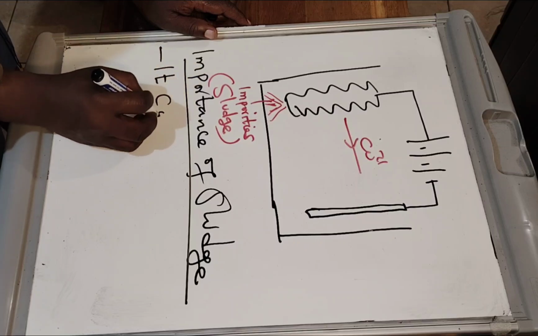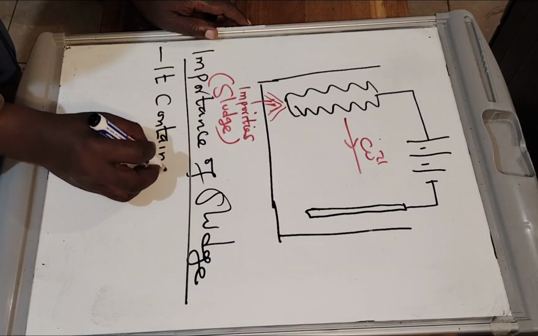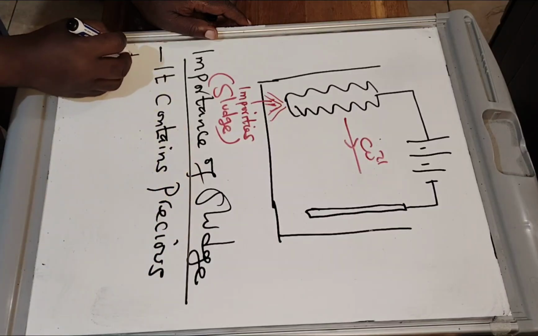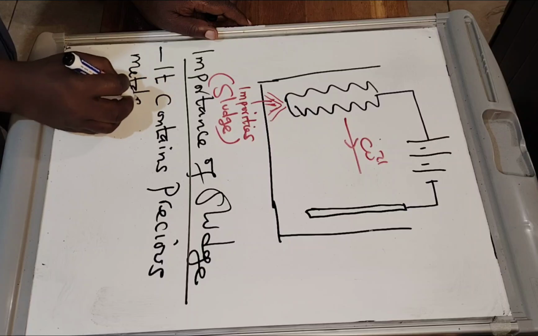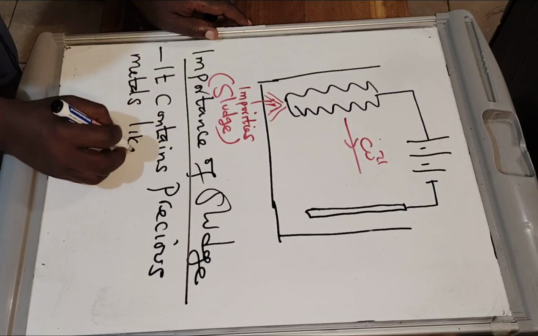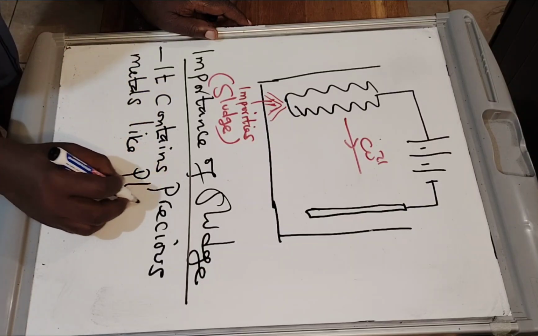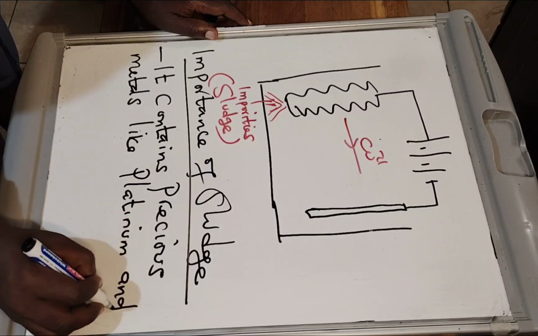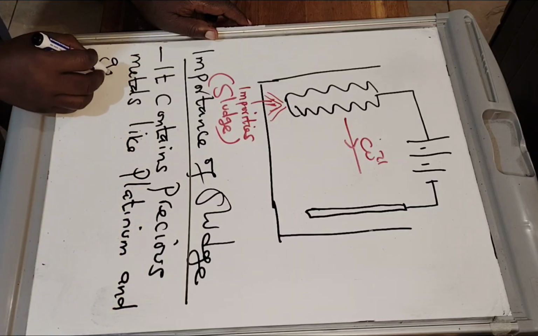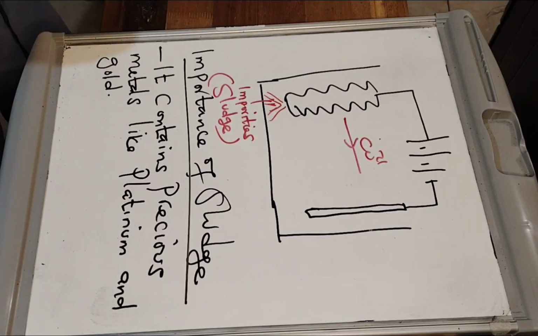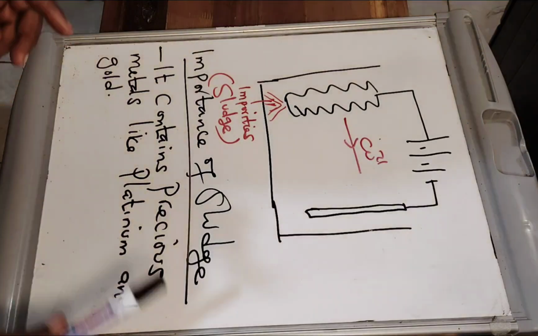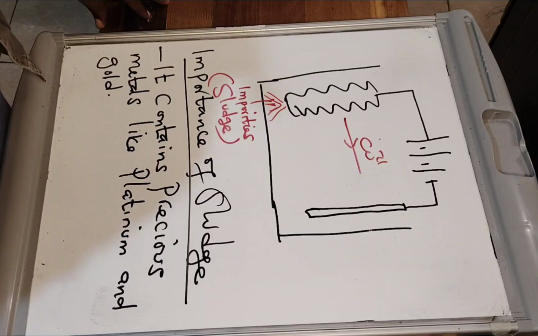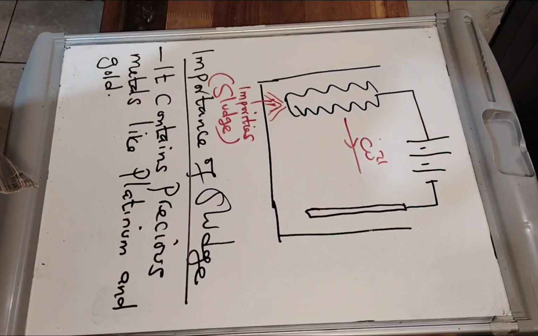It contains precious metals like platinum and gold. So we don't just throw it away. We process it further for these precious metals. That's the end of electro-refining.